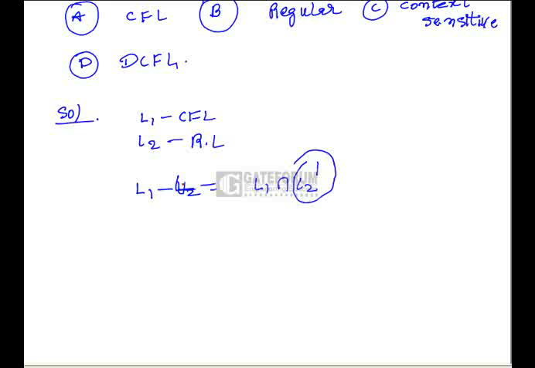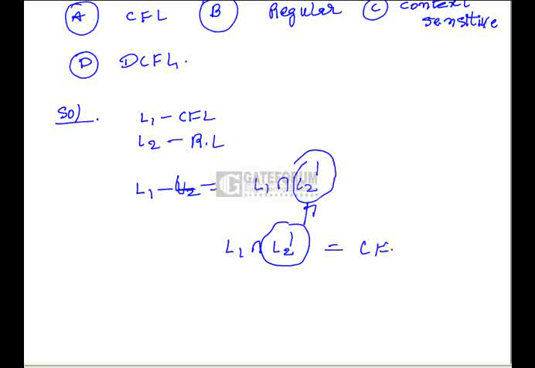Not in L2 means it's the complement of L2. The complement of a regular language is regular, so it will become the intersection of one context free language and one regular language, because L2 complement is a regular language.